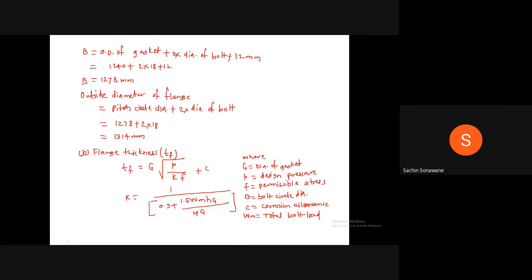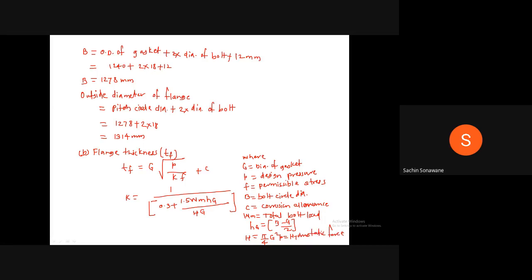Hg is equal to this formula: B minus G divided by 2. And H is equal to total hydrostatic end force, which is equal to pi by 4 G square P.